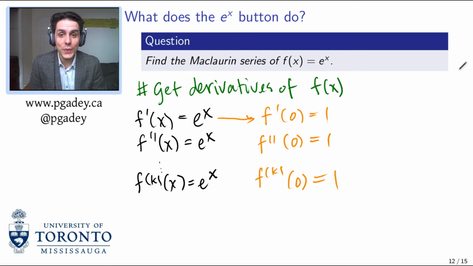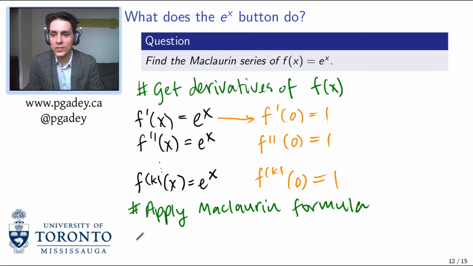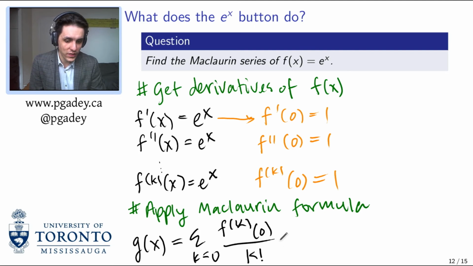So now what we want to do is use Taylor's formula, plug this into the Maclaurin formula. We're going to get that g of x can be written as the sum of the kth derivative at 0 over k factorial times x to the k.